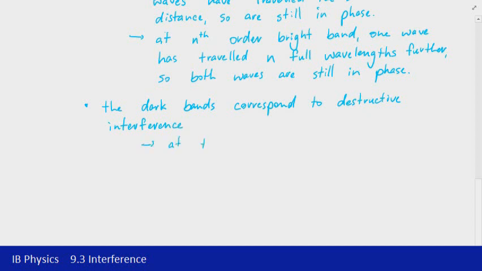So at the nth order dark region, and again counting out from the middle, it means that one of the waves has travelled some sort of, not a multiple of a half wavelength, because 2 half wavelengths gives you a full wavelength. It's going to correspond to a difference of (n minus a half) wavelengths.